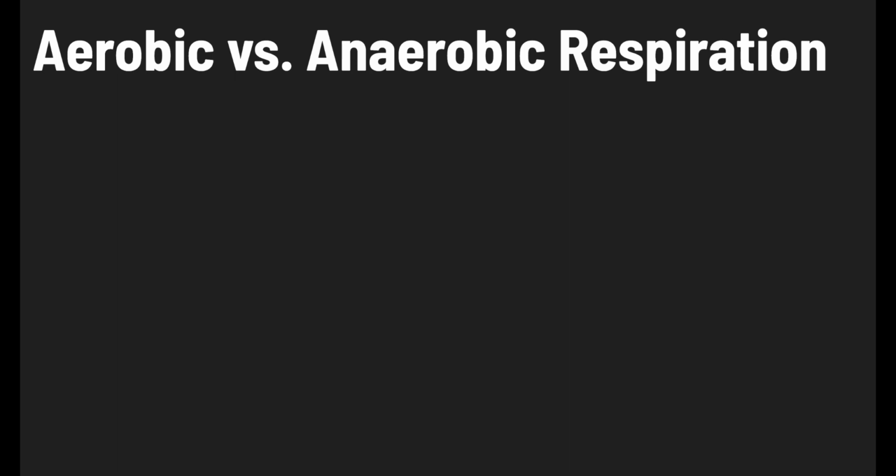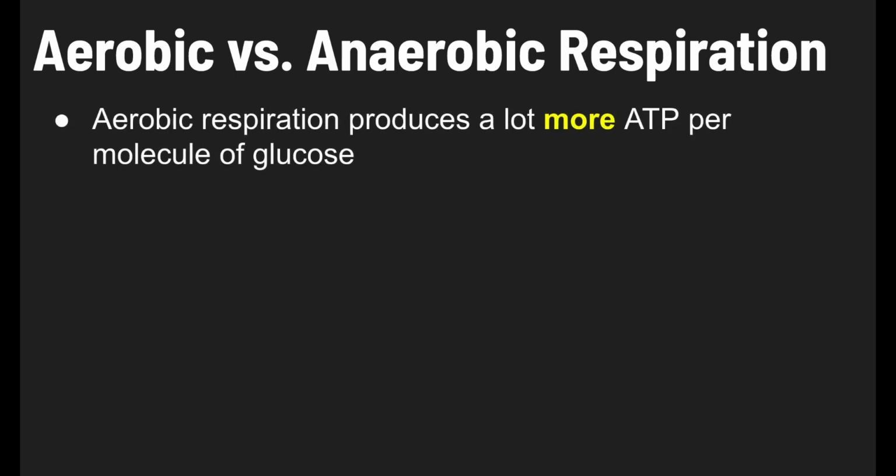Let's finish up by talking about some of the advantages that each of these types of respiration have, aerobic versus anaerobic. So aerobic respiration has an advantage over anaerobic because aerobic respiration produces a whole lot more ATP per molecule of glucose.